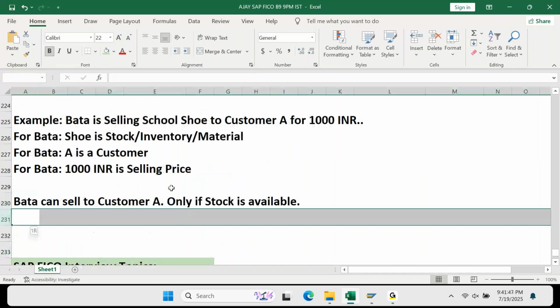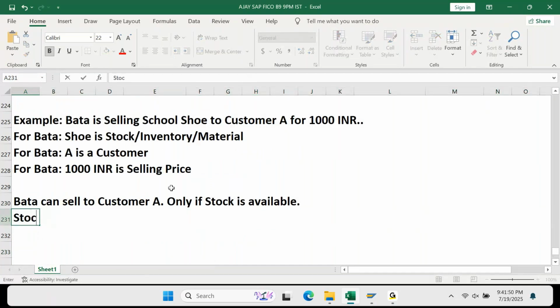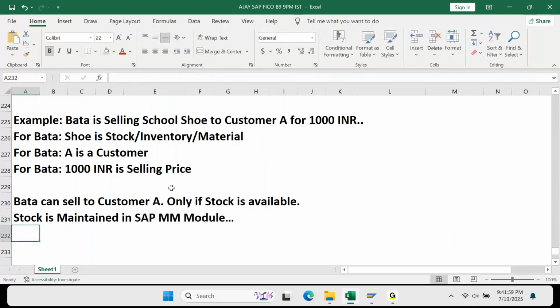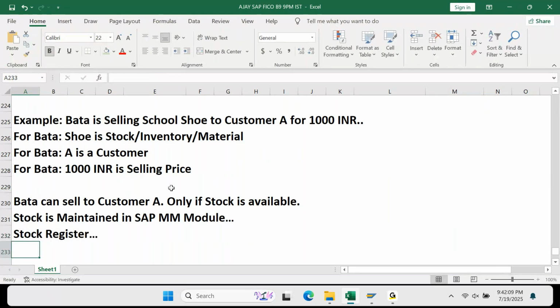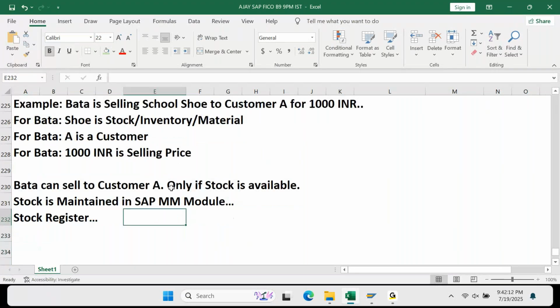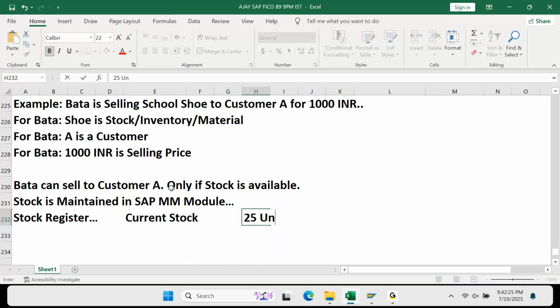Now, stock is maintained in the SAP MM module. Right? You have something called stock register or stock report. Let's say current stock is 25 units, meaning 25 pairs of shoes.